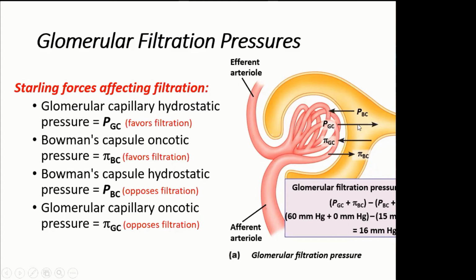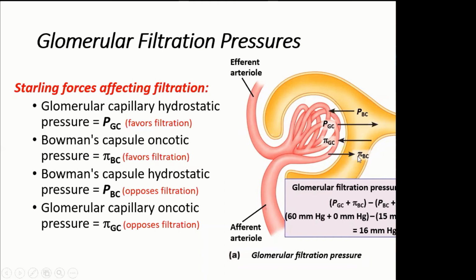The other thing that favors filtration is the oncotic pressure of the capsule. This would be anything dissolved here in the filtrate in Bowman's capsule, which would have a tendency to pull filtrate towards it.